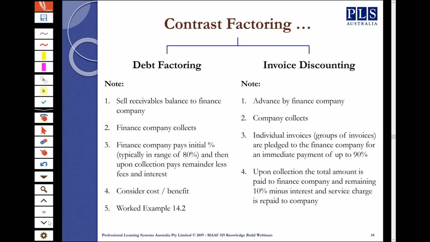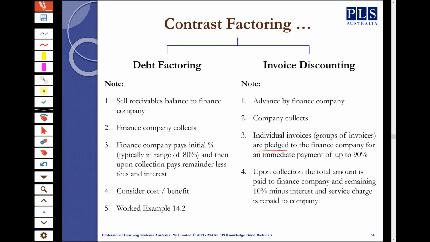Note, whereas with the factoring, the finance company collects, with invoice discounting, you still need to collect. And basically, individual invoices or groups of invoices are pledged to the finance company for an immediate payment of up to about 90%. Upon collection, the total amount is paid to the finance company, and the remaining 10% minus interest and service charges is repaid.